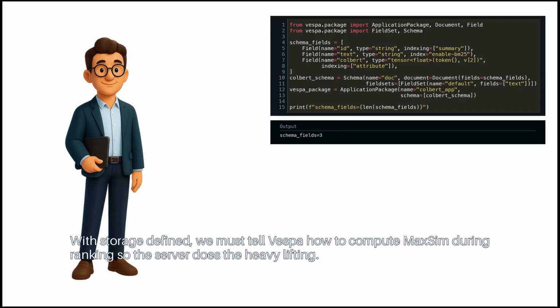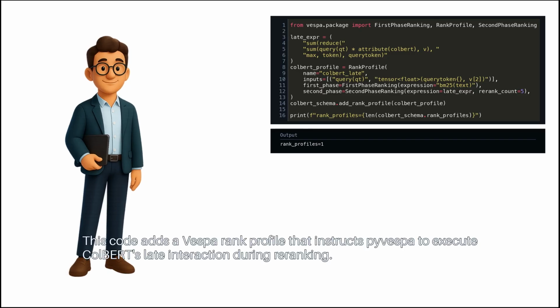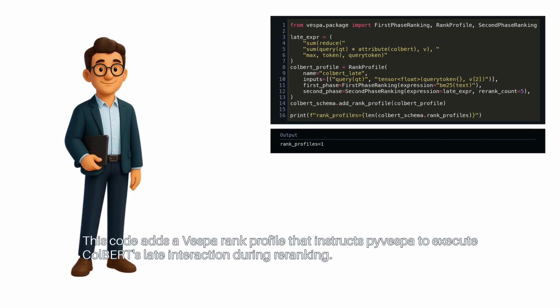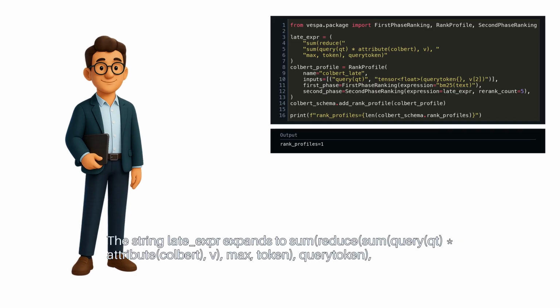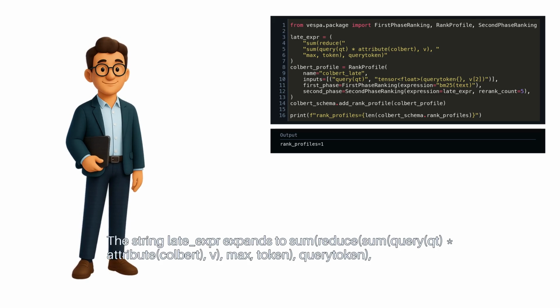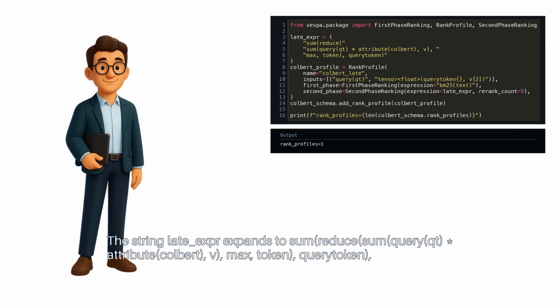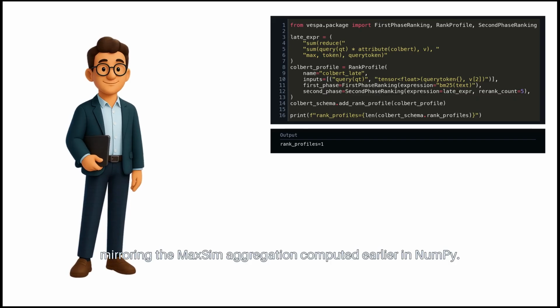With storage defined, we must tell Vespa how to compute MaxSim during ranking, so the server does the heavy lifting. This code adds a Vespa rank profile that instructs pyvespa to execute ColBERT's late interaction during re-ranking. The string late_expr expands to something like reduce(sum(query(qt) * attribute(colbert) ...), max, token), query token, mirroring the MaxSim aggregation computed earlier in NumPy.